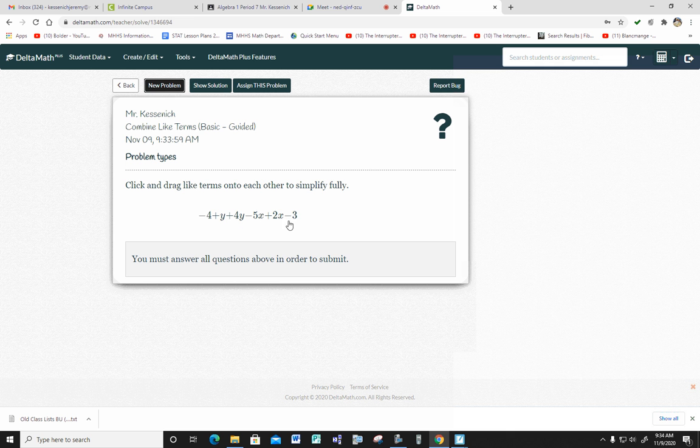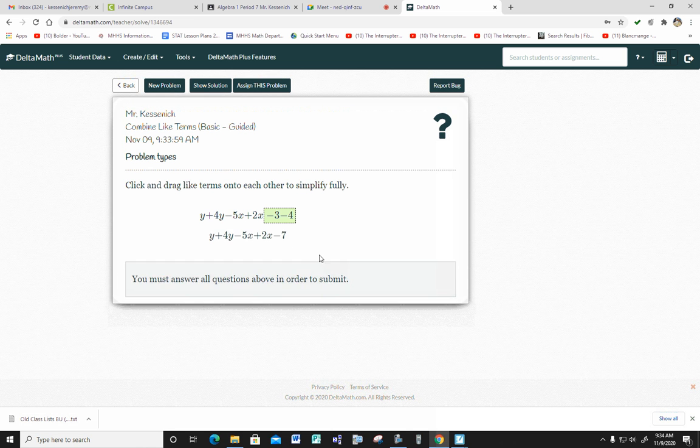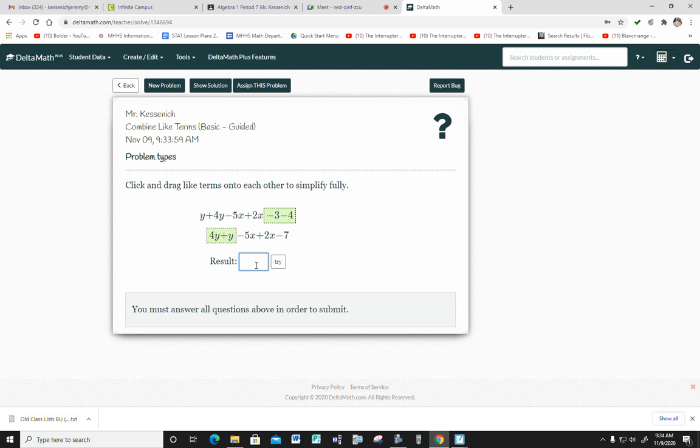Now, it doesn't matter if you start with numbers or letters. So how about the negative 4 and the negative 3? How about I bring those together first? Negative 3 minus 4 gives you negative 7. Now there's no number in front of this, so that's a 1y and 4y, which makes 5y.